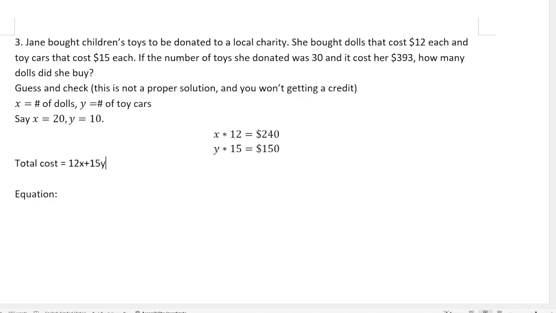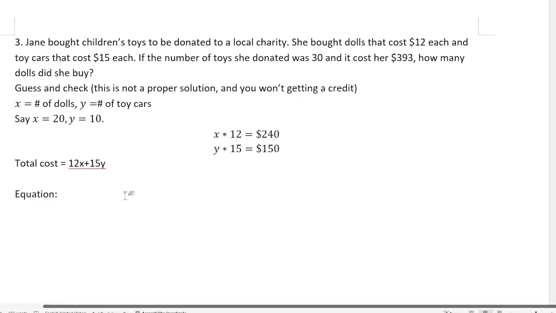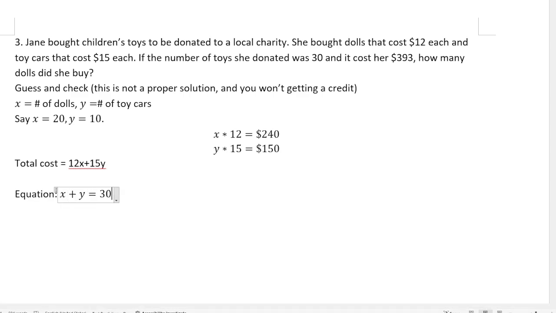That's our total cost. Now, another thing that we need to make sure is that x and y should add up to 30. That was one of the requirements, right? So when we choose the x and y, x plus y must equal 30. That's one requirement.